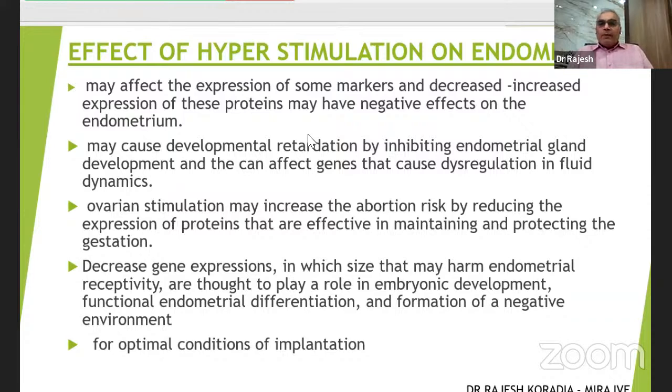Ovarian stimulation may increase the abortion risk by reducing the expression of proteins that are effective in maintaining and protecting the gestation. It decreases gene expression of markers of endometrial receptivity, which are thought to play a role in embryonic development. The functional endometrial differentiation forms a negative environment for optimal conditions of implantation.